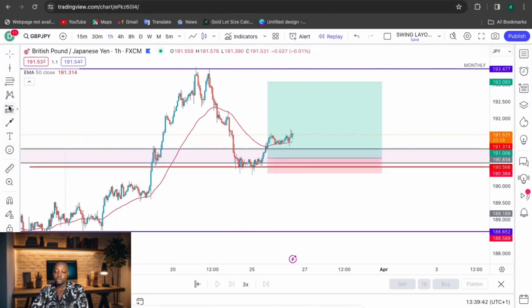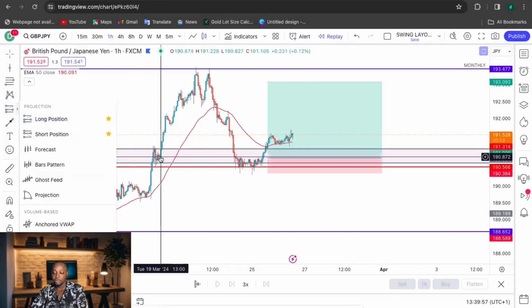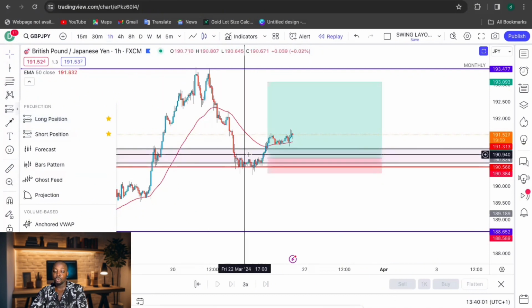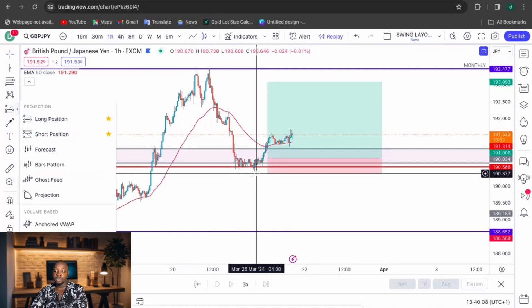The tool I use to determine this is called the long and short tool. So I come here in the tool section and I select the long tool because I want to buy at this region. The reason why I want to buy at this region is the market has given us an entry. So we are going to use the amount of pips from our entry to our invalidation point to determine our risk.